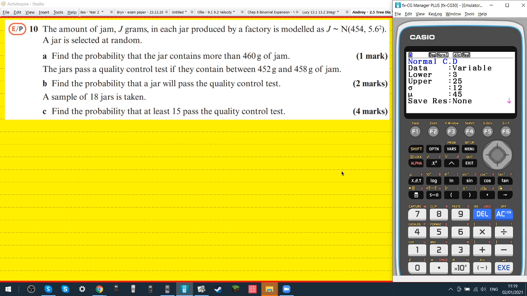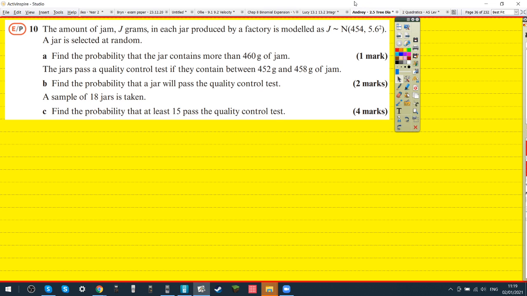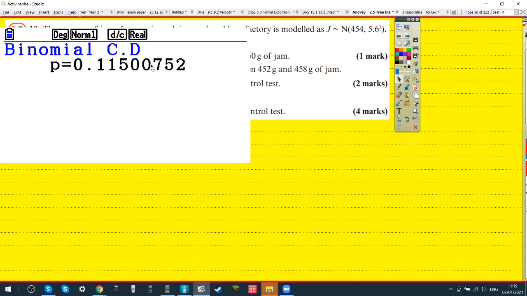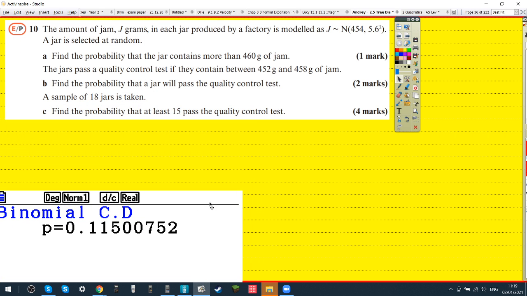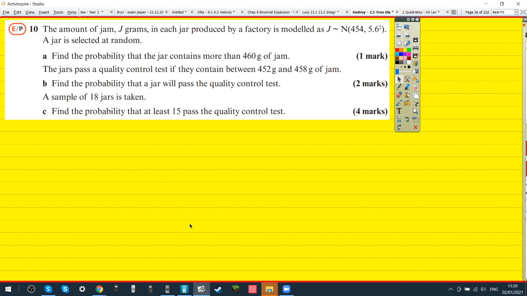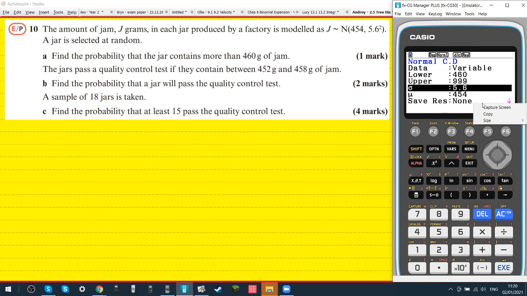Okay. Lower 460, upper 999. Yep. And I got 14.2%. Mine gave me the old one. Okay. Part B.